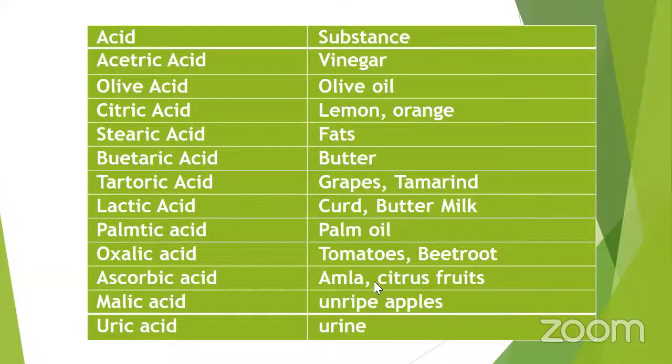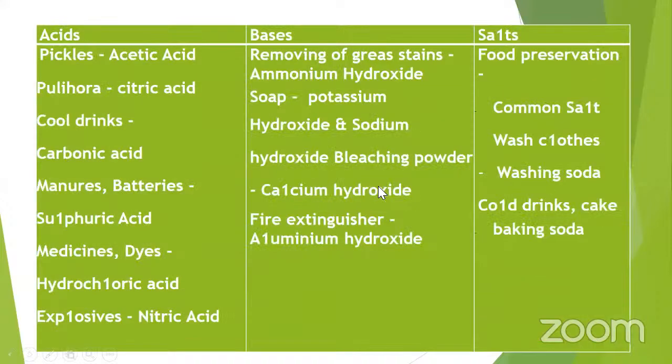So amla, ascorbic acid. Amla means ఉసిరికాయ. ఉసిరికాయలో ఏముంటదంట, ascorbic acid ఉంటది. ఓకే, ఇట్లా మనం కొన్ని గుర్తుపెట్టుకోండి. ఫ్యాట్స్, స్టియరిక్ యాసిడ్, యూజువల్లీ ఫ్యాట్స్ లో ఏముంటది, స్టియరిక్ యాసిడ్. In this way we can see the acids. I don't know how to move this.